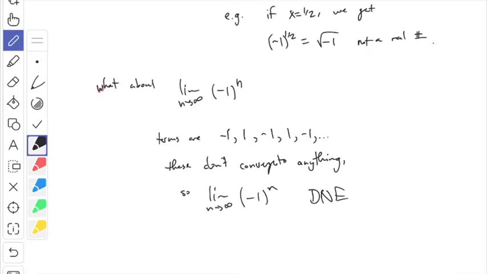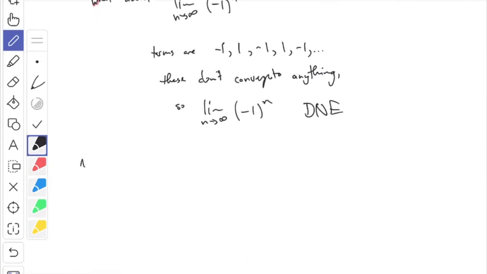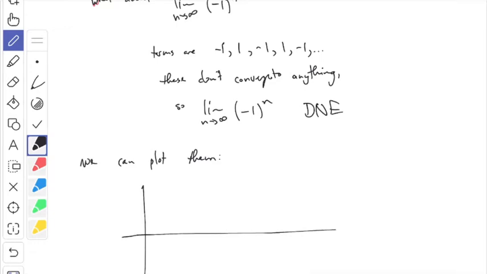Sometimes it's helpful to graph or plot the terms of the sequence to visualize them. This is a very simple example, but the way you would plot the terms of a sequence is like plotting a function, only I'm not going to draw a curve here.